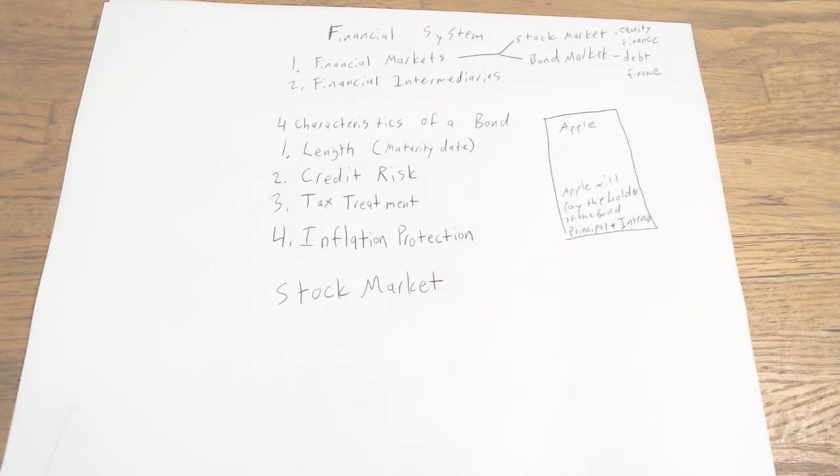Even though when Apple first started selling stocks in the first place, it was an effort to raise capital in order to further expand or develop a new laptop and so on.